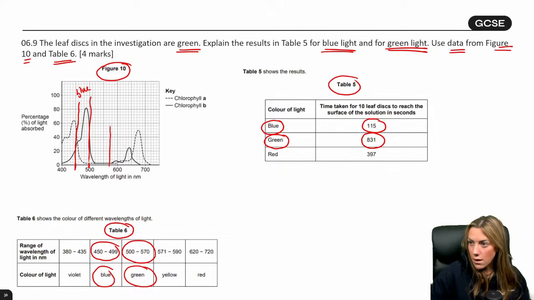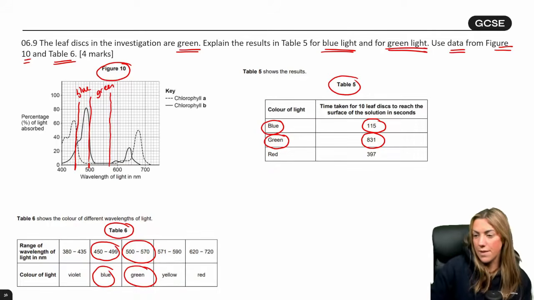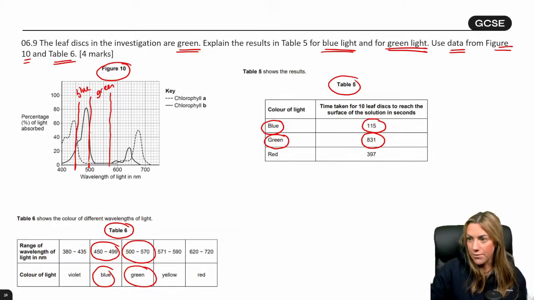So here. Okay, so now I've done that, that's going to really help me. So I can see that blue light is absorbed way more than green light. Like there's hardly any green light being absorbed at all.